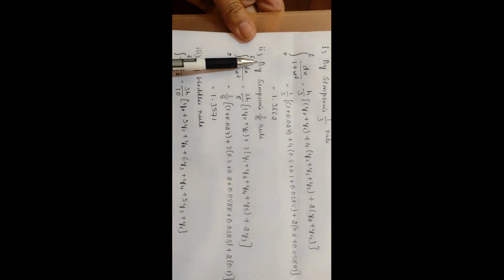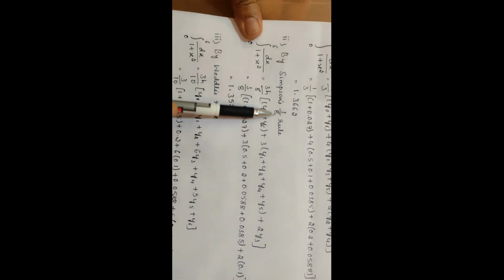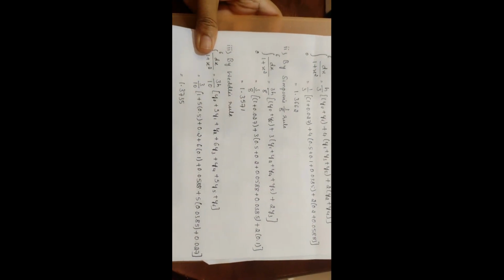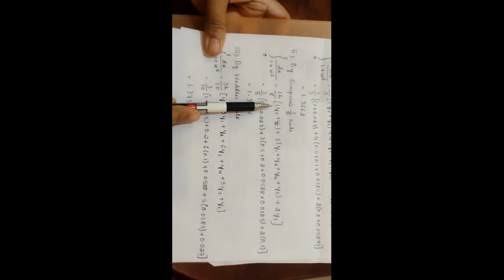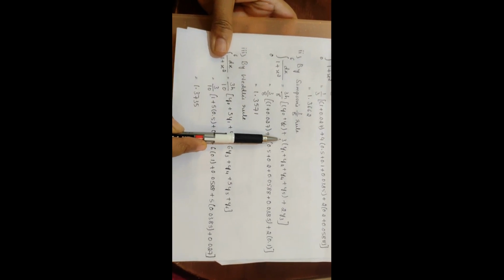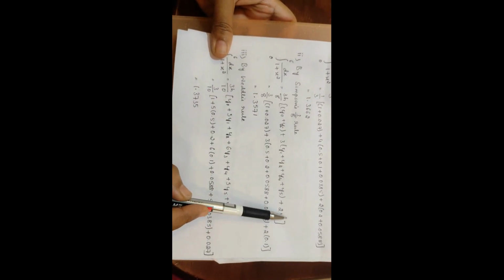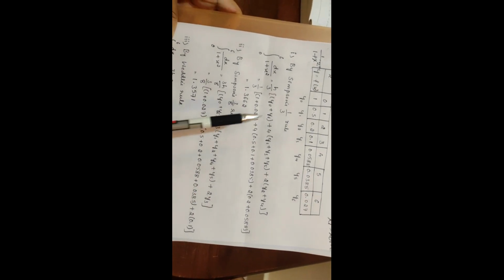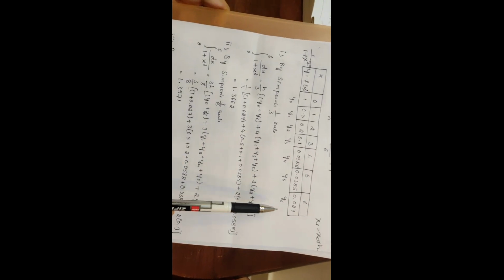Next, the same problem I will solve using Simpson's 3/8 rule. See the formula, 3h by 8 of the first term plus last term, y0 plus y6, plus 2 into the multiples of 3 position values. So y3, and the next one is y6, but we can't take y6 because it has already appeared along with y0.